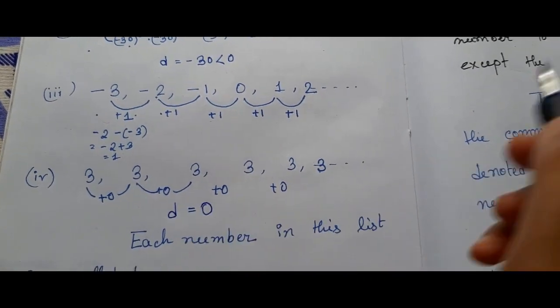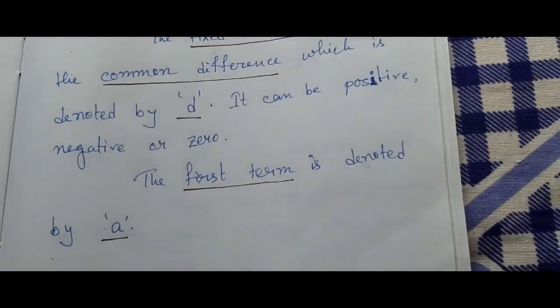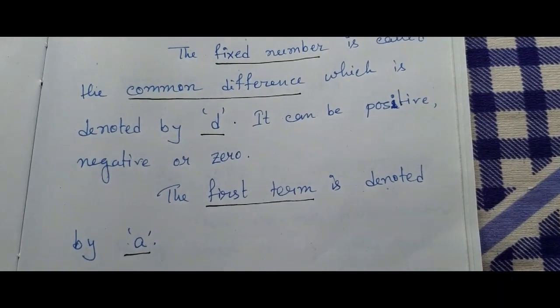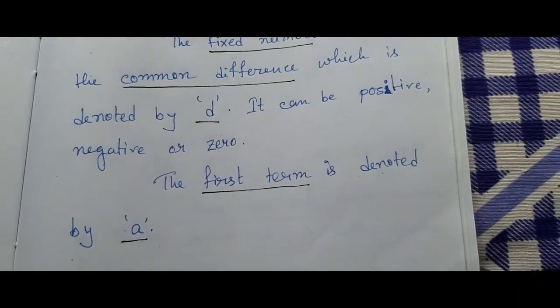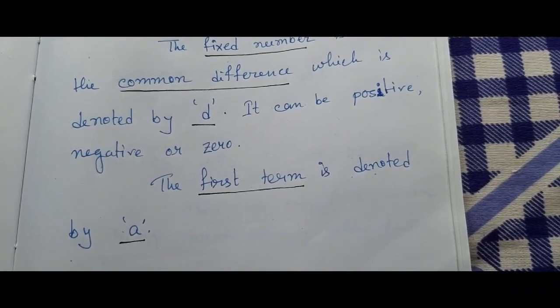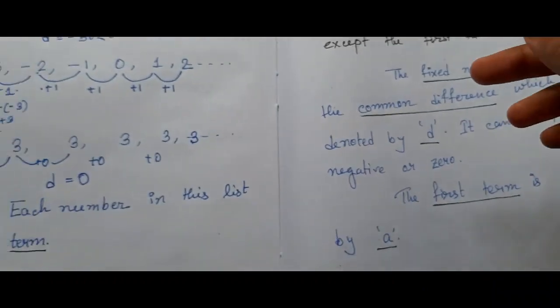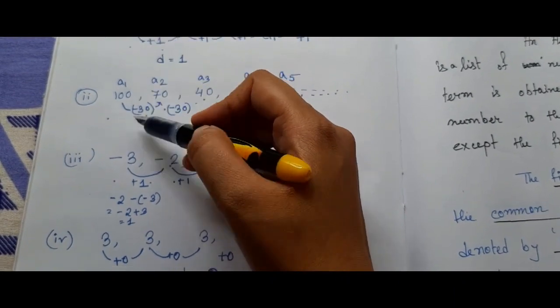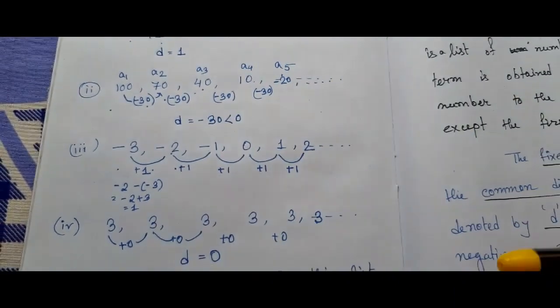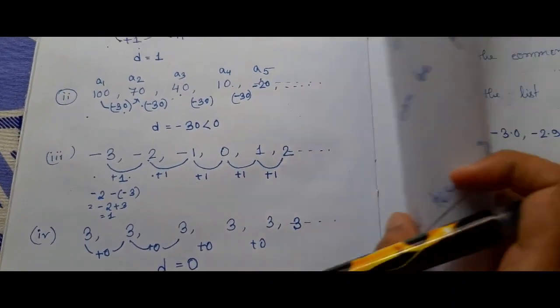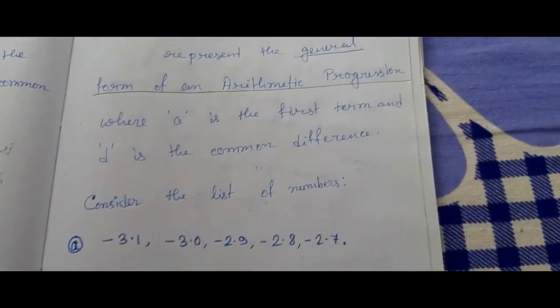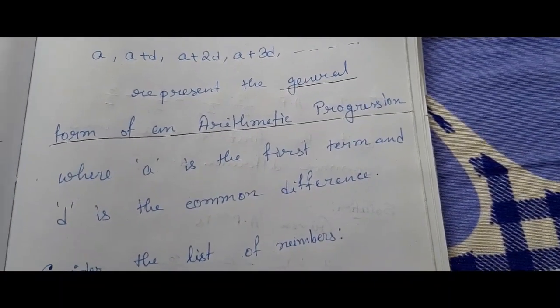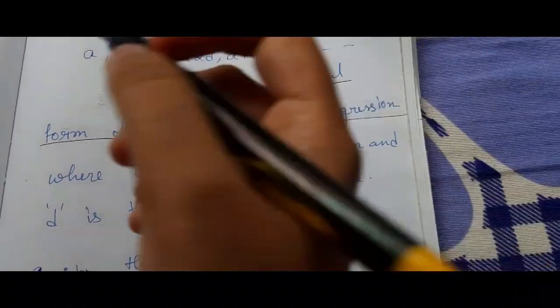That's why the fixed number is known as the common difference and it can be positive, negative or 0. The first term is also denoted by A. As you can see, I have denoted the first term by A suffix 1. You can also denote it by A. Now what is the general form of arithmetic progression?